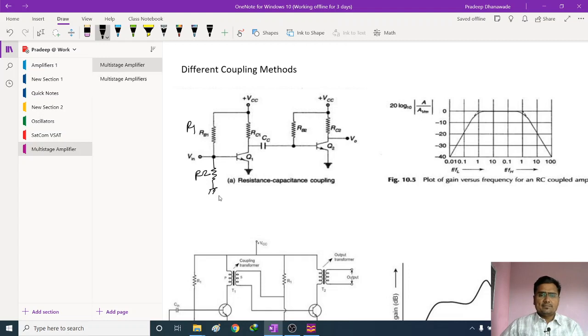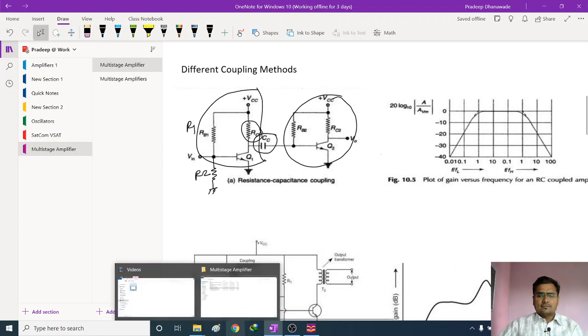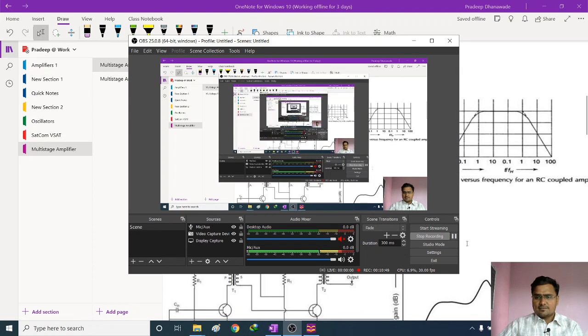To minimize the circuit, I'm just drawing RB, and this is my first stage of the amplifier, and that first stage is coupled with another stage with the help of this capacitor in combination with the resistor.